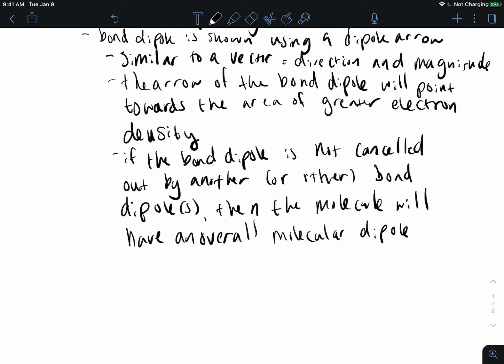Okay, so it's going to have a direction of polarity within our molecule. We can cancel out a bond dipole by having an equal magnitude bond dipole in the opposite direction.